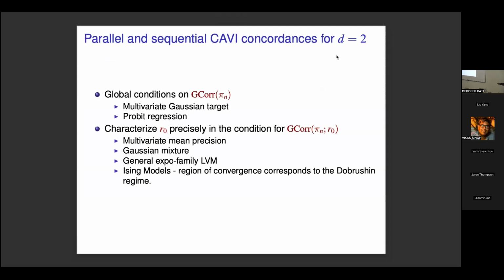We actually ran through a lot of examples, and we found out that in problems where there are no latent variables, we actually have a global condition on the target. But in problems where you have lots of latent variables, like mixture models, exponential family latent variable models, Ising models, then you need the local version of the correlation condition.